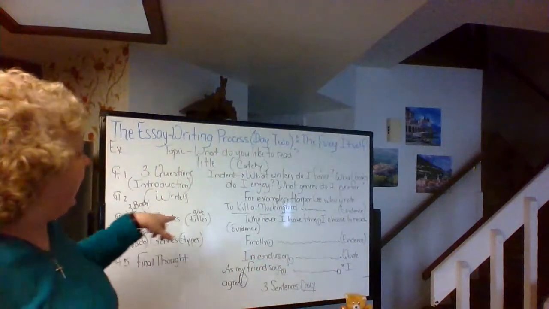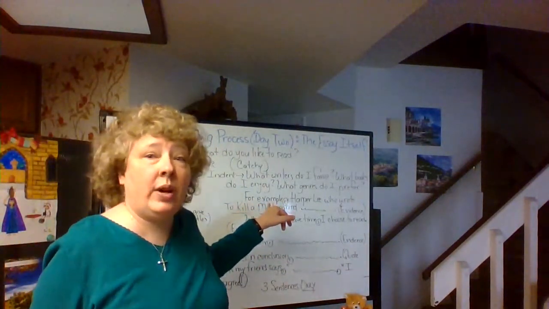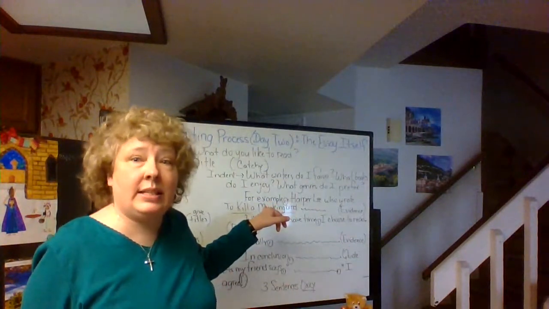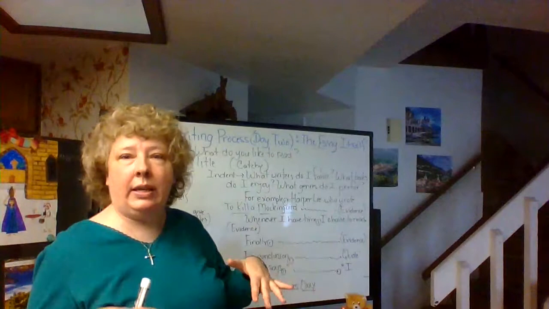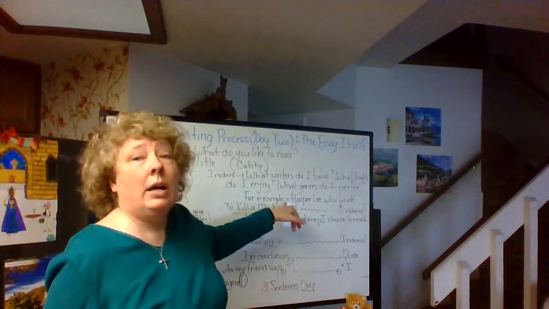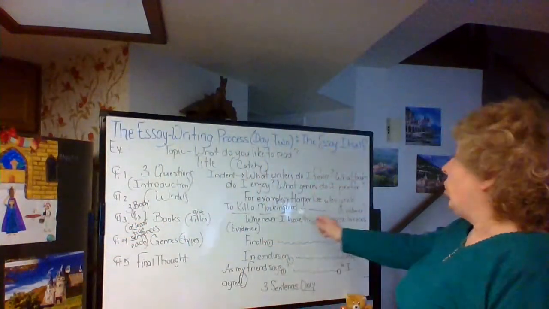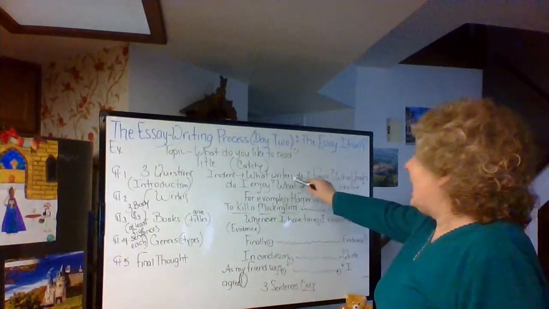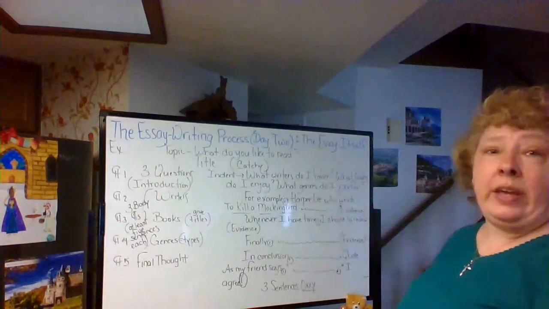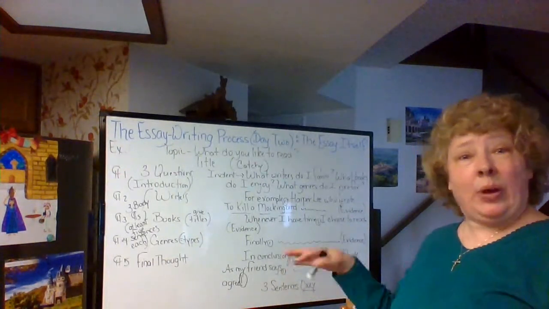Here is body paragraph 2. Notice I started with a transition, a phrase. That's a transition. It moves this to here smoothly. And notice there is a comma. For example, comma, Harper Lee, who wrote To Kill a Mockingbird, period. That answers what? What writers do I favor? She's just the first, because I could be writing more.